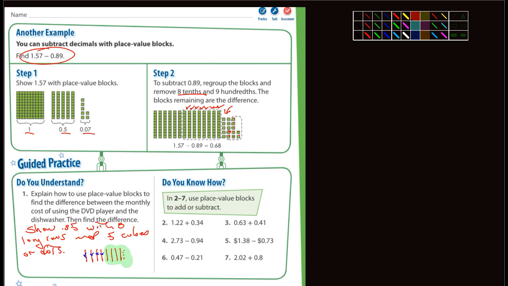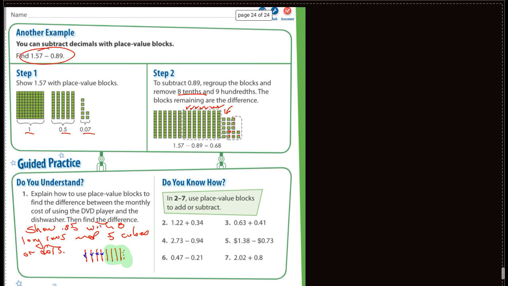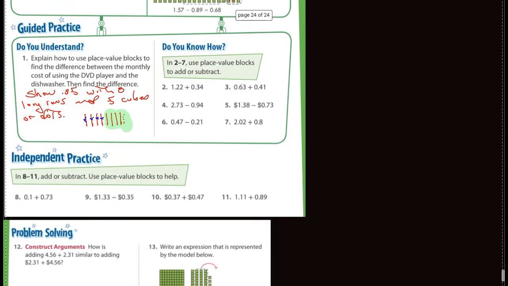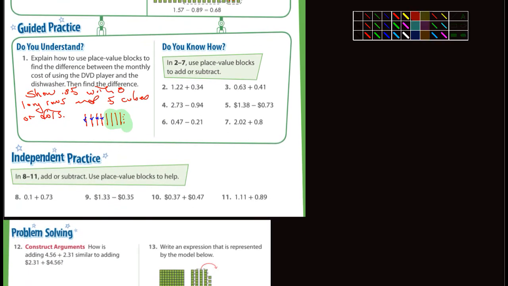Okay, so in 2 through 7, it says use place value blocks to add or subtract. I'm going to say if it helps. If you want to use place value blocks to solve these problems, you can.